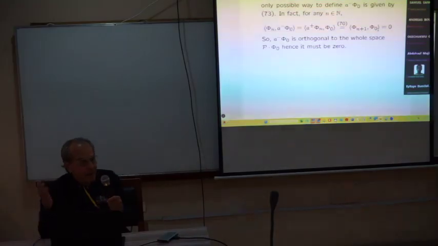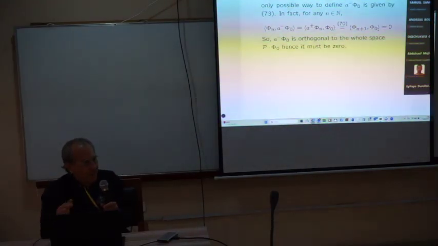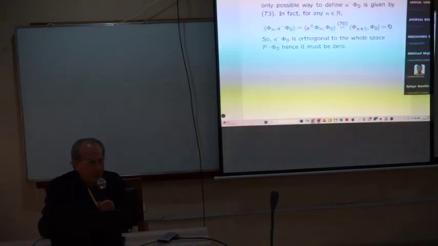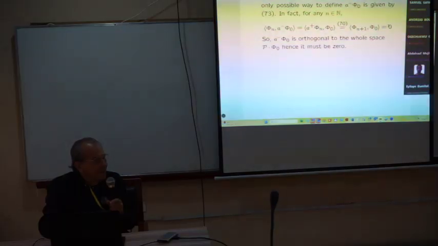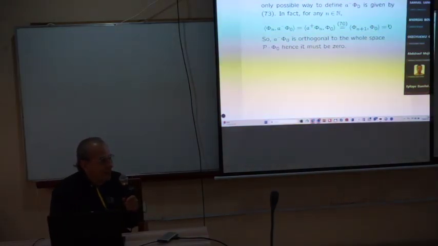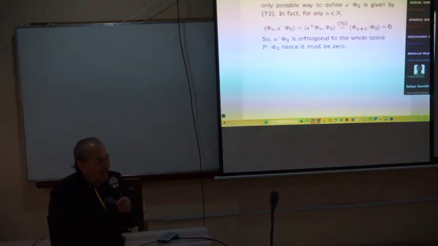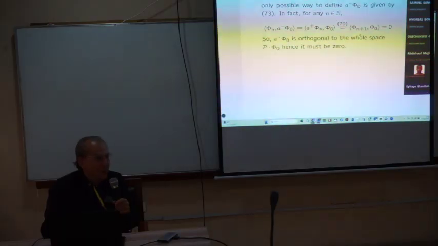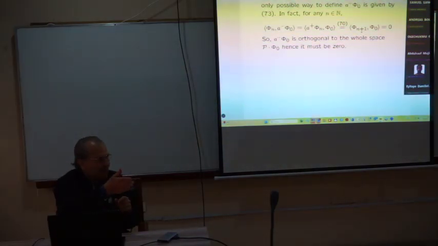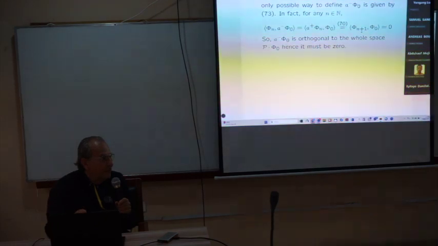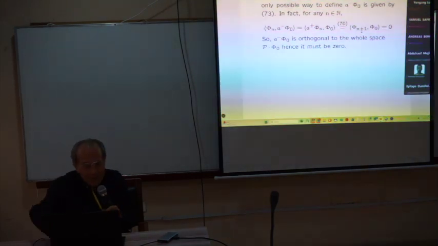But the phi n are an orthogonal basis, and so this scalar product is always 0. Okay? Because the phi n are orthogonal. And so this can never be 0, n plus 1, whatever n is, because n starts from 0, and so phi n starts from phi 1. So what does this mean?